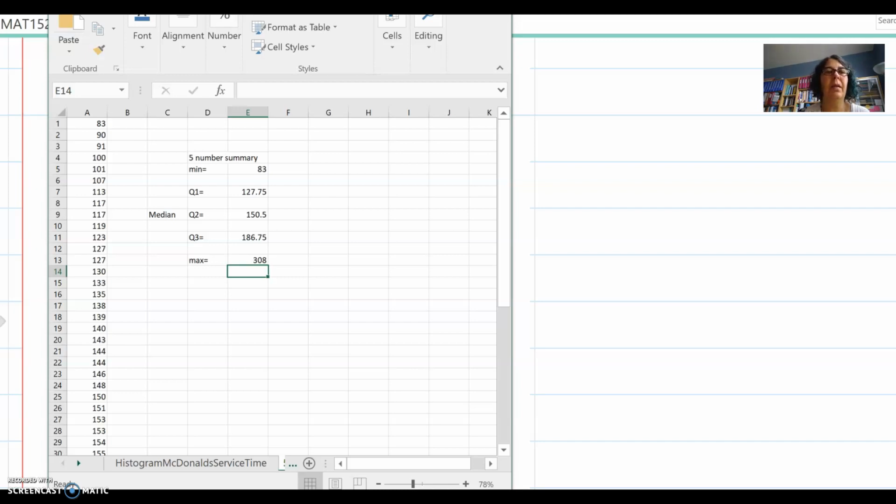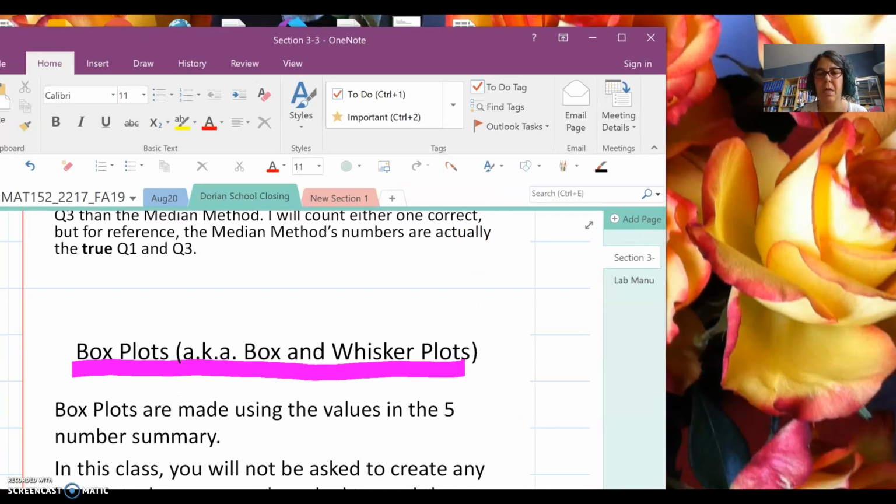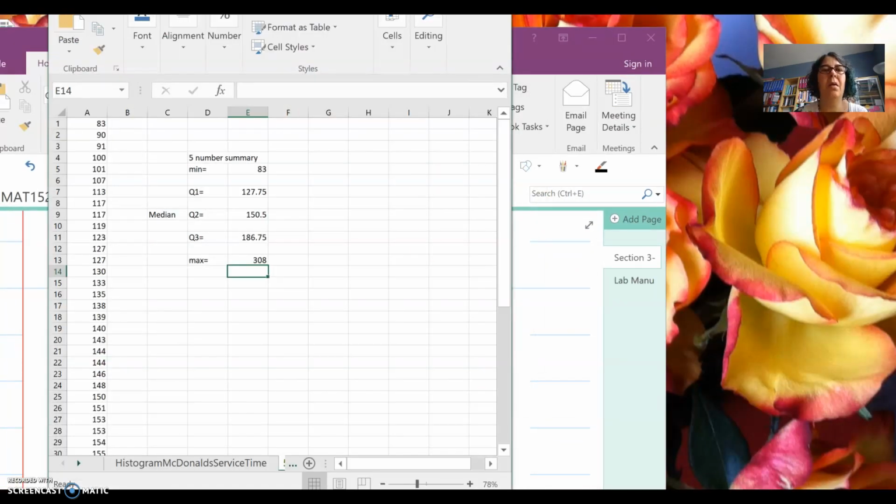All right. I'm going to use those numbers to draw the box plot to show how a box plot looks like by using your numbers. Let me move my thing. Okay, come on. All right, so let's do it this way.